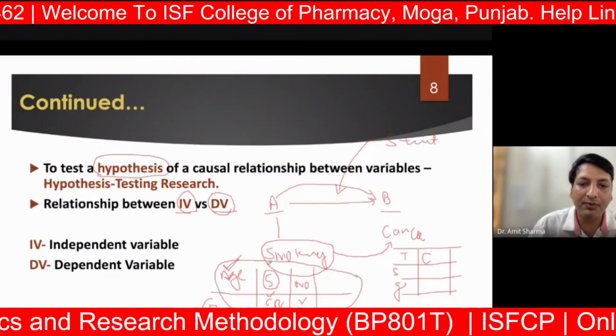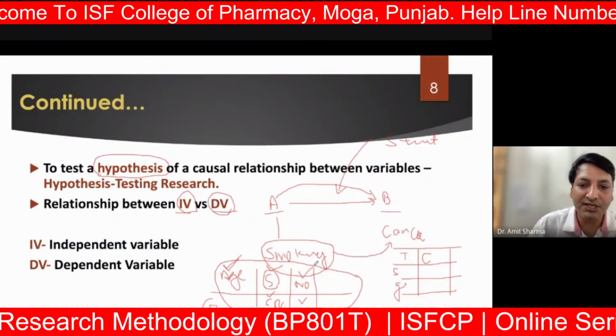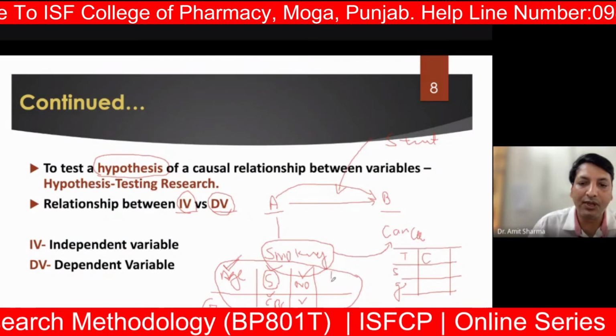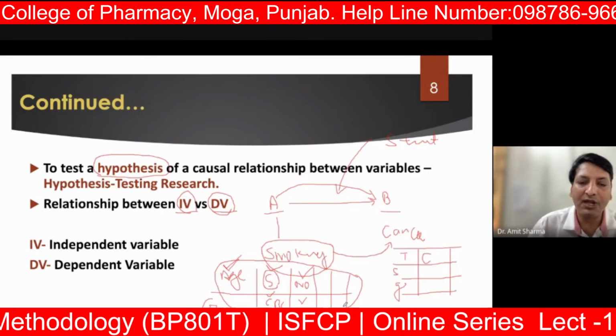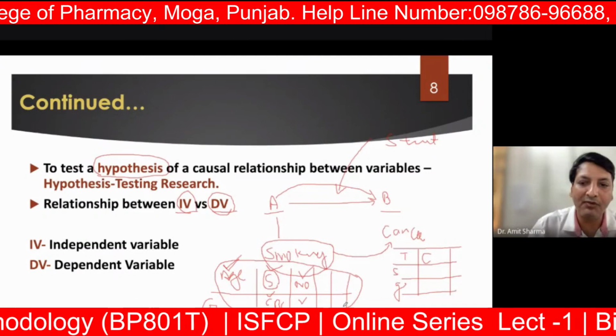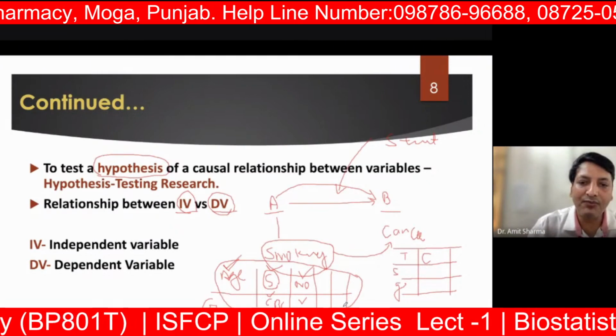You may want to see the type of smoking material, the number of sessions, or urban area, rural area, or education level. So multiple things can be taken as independent variables, but the most important is the dependent variable, which should be fixed.